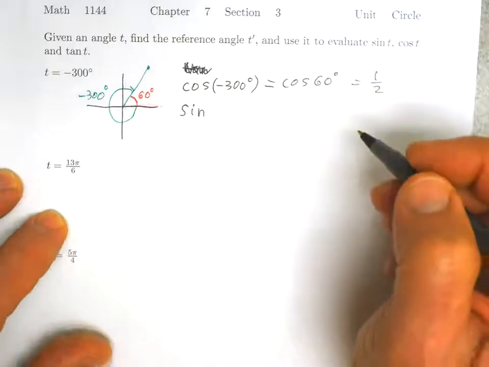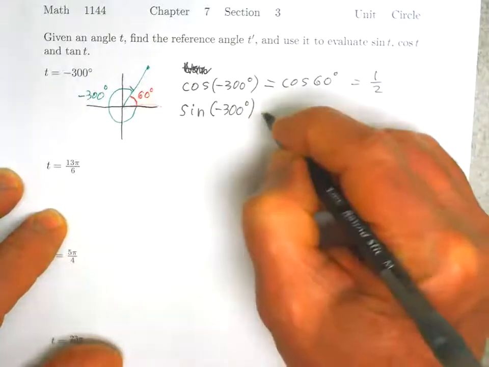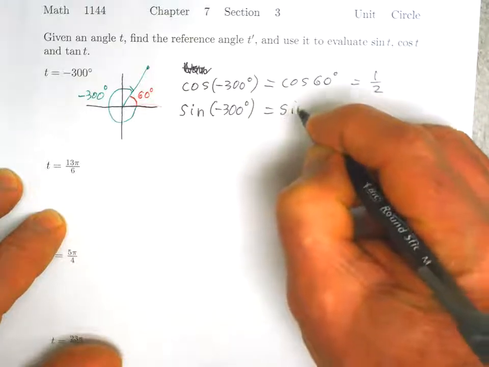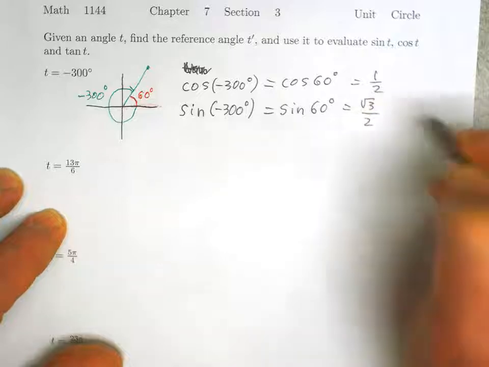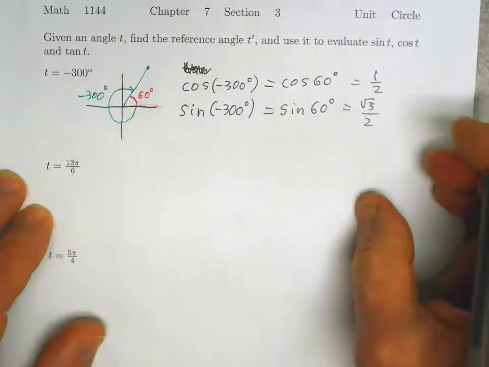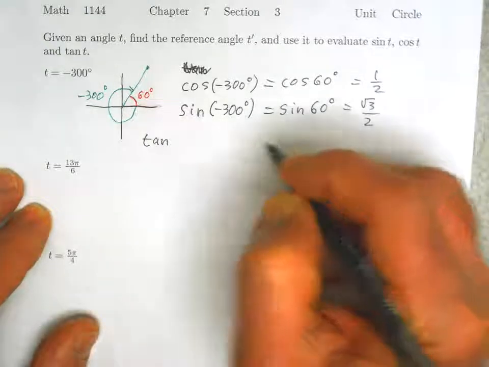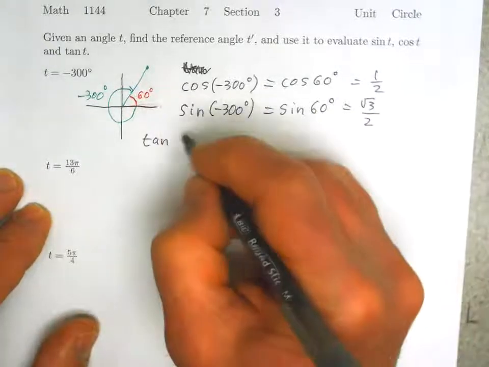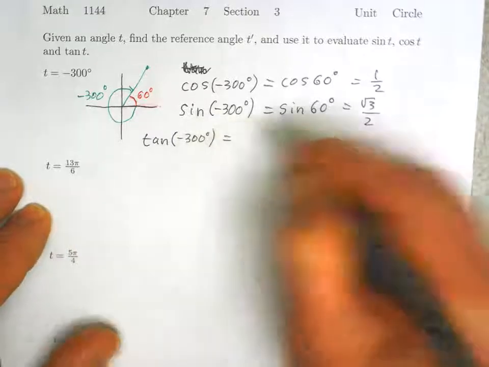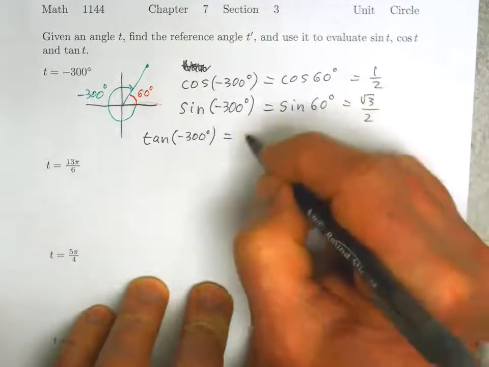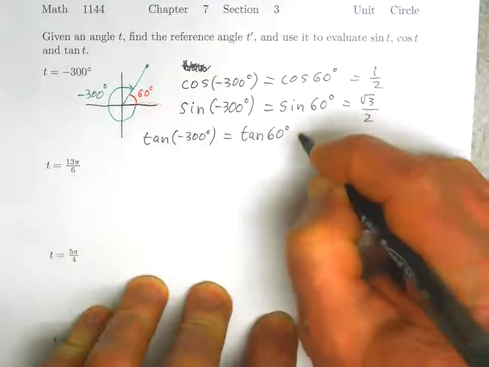And sine of negative 300 is equal to the sine of 60 degrees, and that's equal to the square root of 3/2. And tangent is also positive in the first quadrant, so tangent of negative 300 degrees is equal to the tangent of 60 degrees.